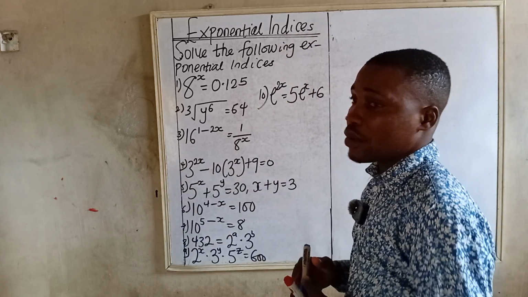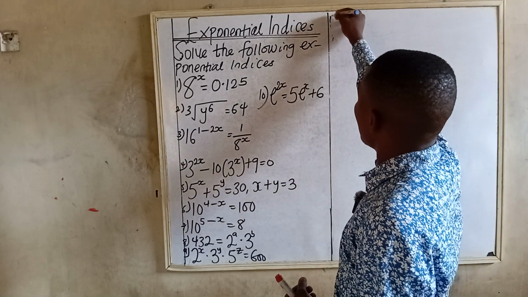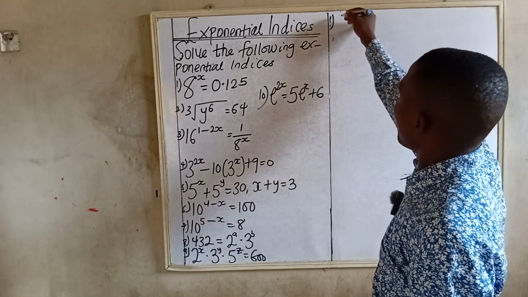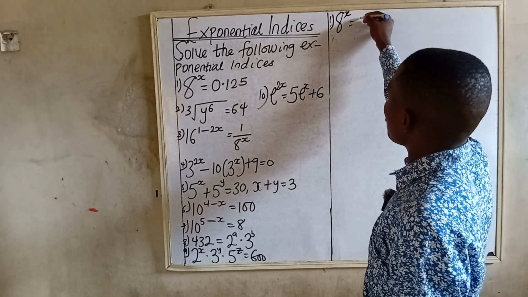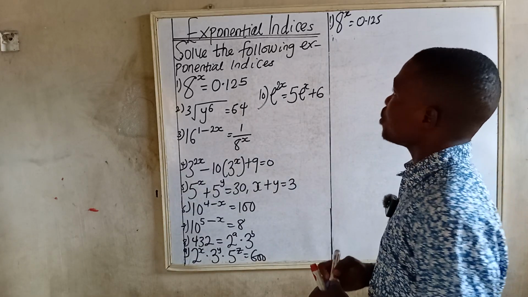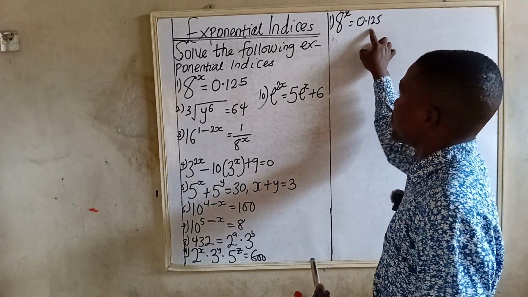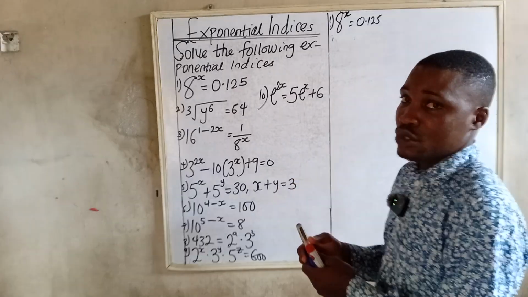Now, I don't want to waste time because I don't want this video to be lengthy. Okay, let's dive into the question. Number one says that we have 8 raised to the power x is equal to 0.125. I told you guys that whenever you come across a decimal like this, please try to change it to a fraction.